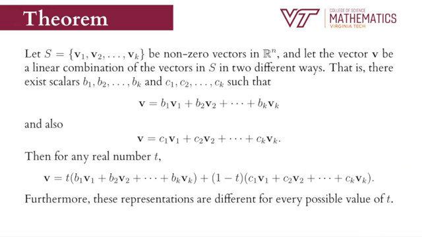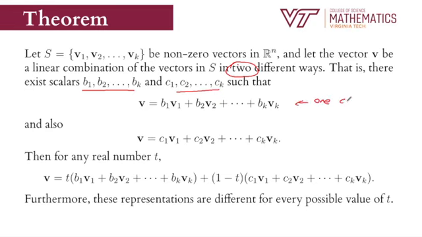All right. We have a theorem here, and the math on this page is complicated, but I'm going to do an example in just a moment. If we have a set of vectors in Rn, and a vector that is a linear combination 2 different ways, that is, we have a choice of the weights that we can use, and so there are 2 different sets of weights, and we can choose between these 2 sets.